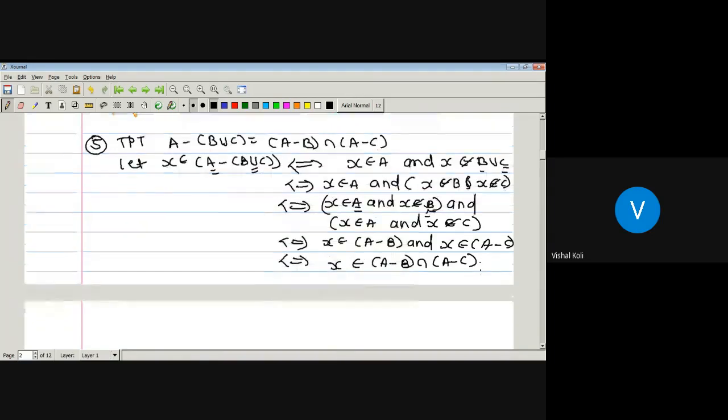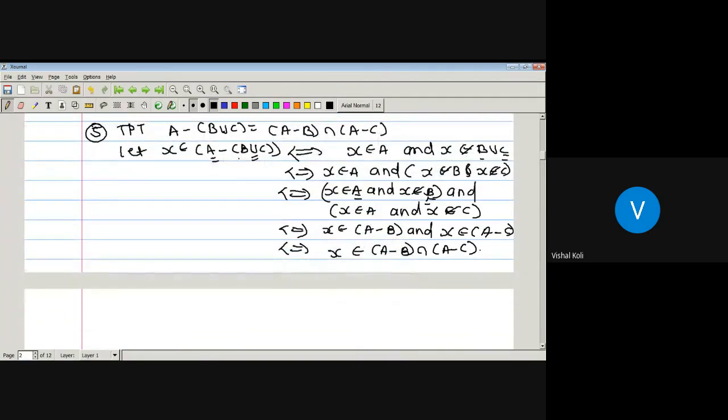Okay. So here we have taken one X which is a member of A minus (B union C), and we have proved that it is a member of (A minus B) intersection (A minus C).